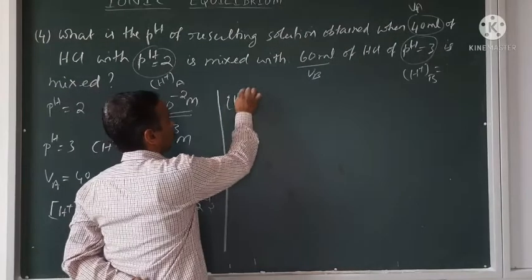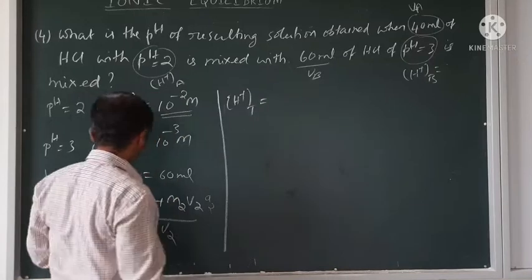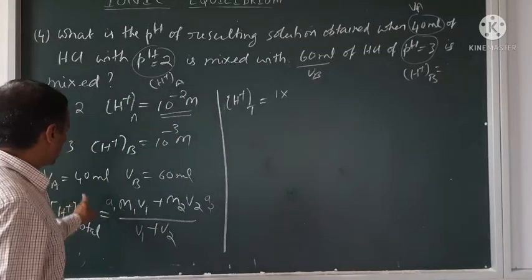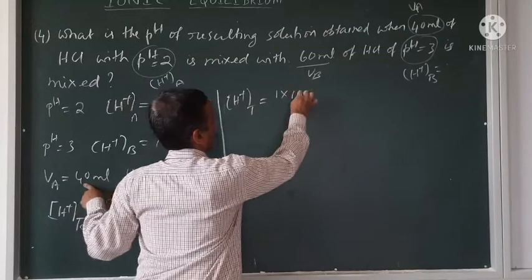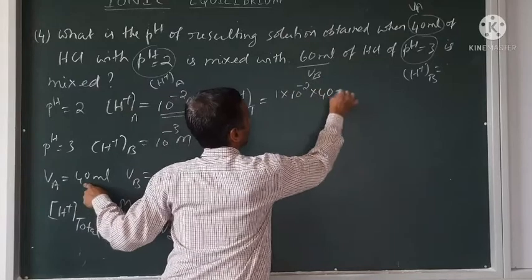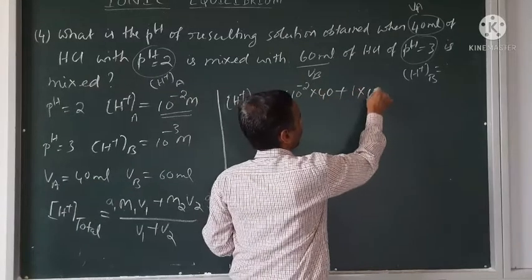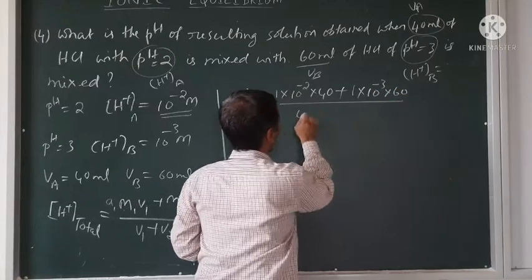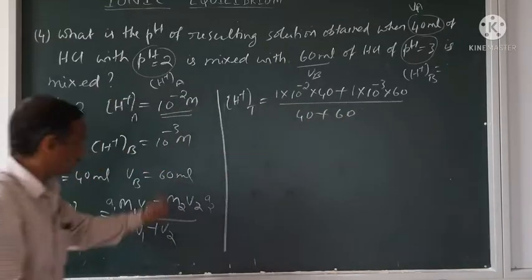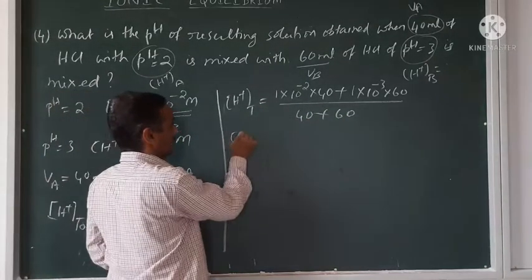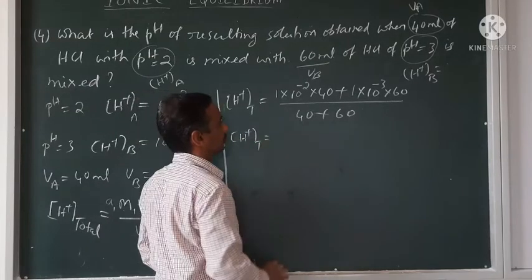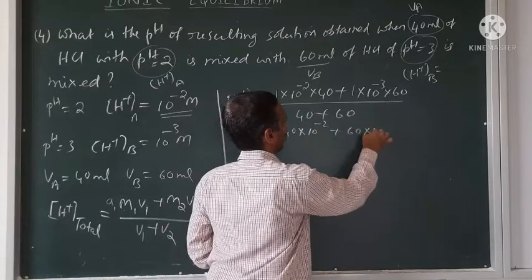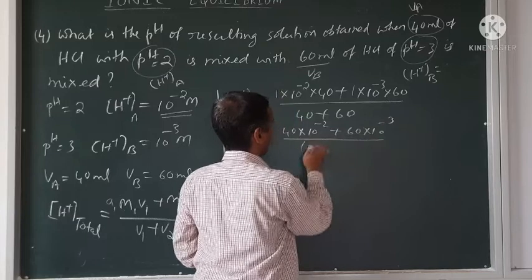So total H plus is equal to 1 into 40 into 10 to the power minus 2 plus 1 into 10 to the power minus 3 into 60, divided by 40 plus 60. Substitute the values already given. So H plus total is equal to 40 into 10 to the power minus 2 plus 60 into 10 to the power minus 3, divided by 100.